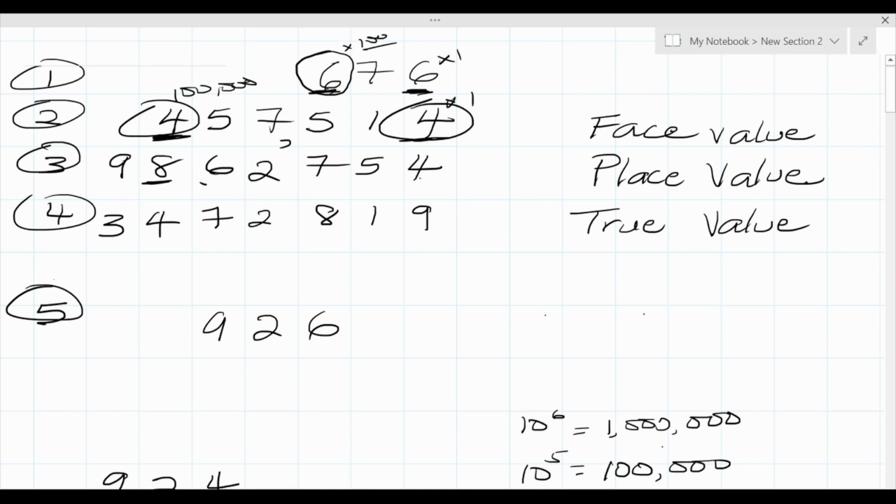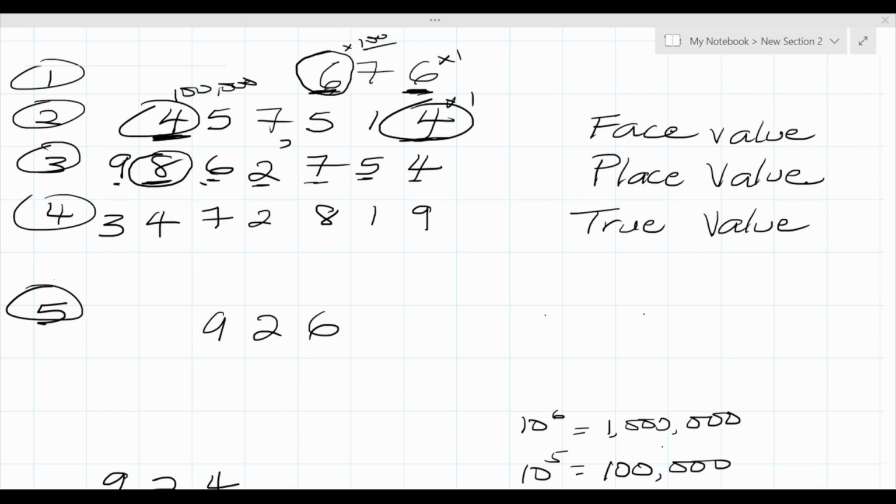So if we're going this way from right to left, we have our ones, 4 in the ones place, we have 5 in the tens place, 7 in the hundreds place, 2 in the thousands place, 6 would be in the 10,000s place, and 8 would be in the 100,000 place, and 9 would be what? In the millions place. So the 8 here represents 800,000 in this particular case.